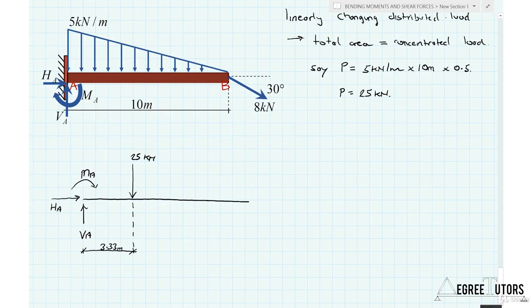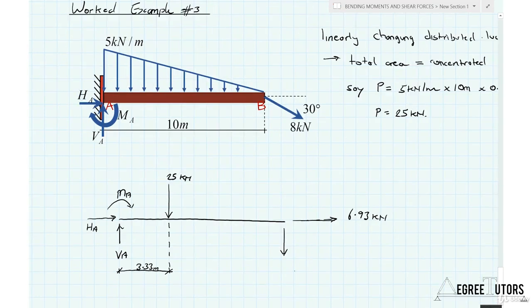Now, the inclined load at point B is going to have a horizontal component, which let's draw in as a solid line, and that is going to be 8 times the cosine of 30, which is 6.93 kilonewtons. And the vertical component is going to be 8 times the sine of 30, which is going to be 4 kilonewtons.